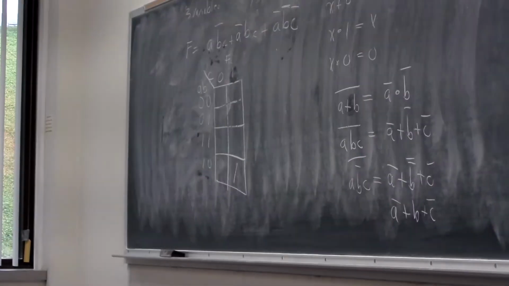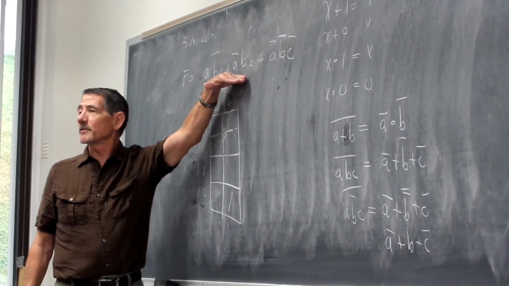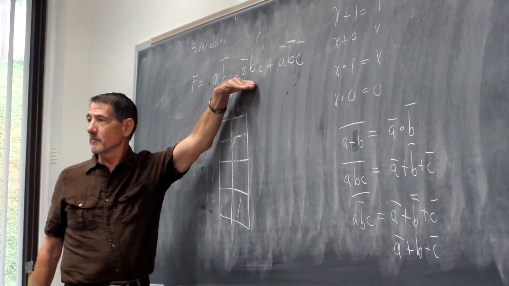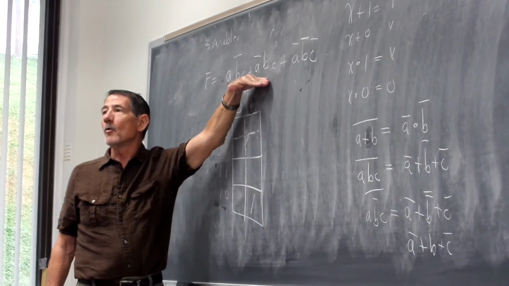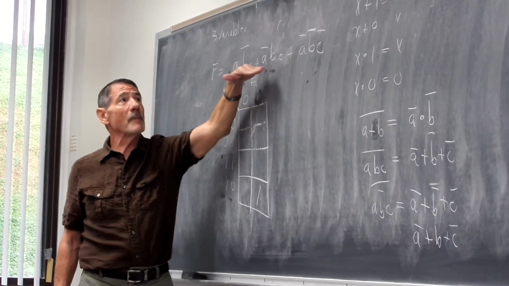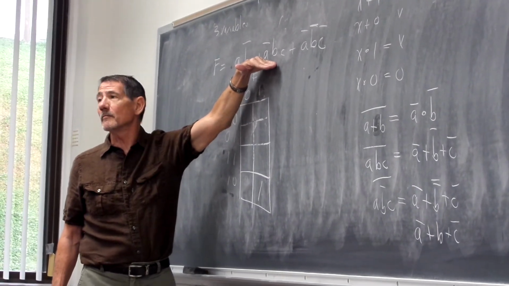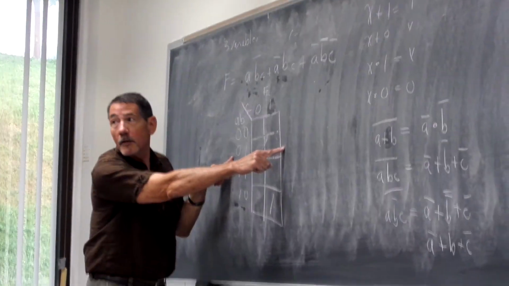Okay. Now, if this guy becomes a 1, what happens to the function? It goes to a 1. What 0 and 1 pattern for the inputs makes this term go to a 1? 0, 1. Okay, 0, 1. So do you see I'm along here someplace?